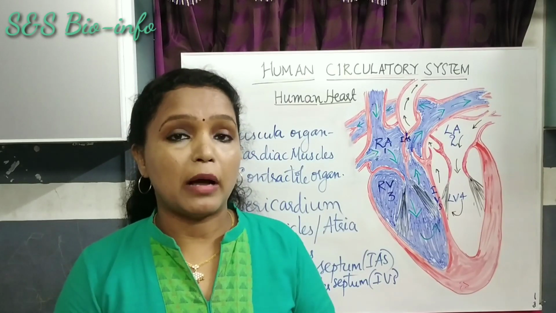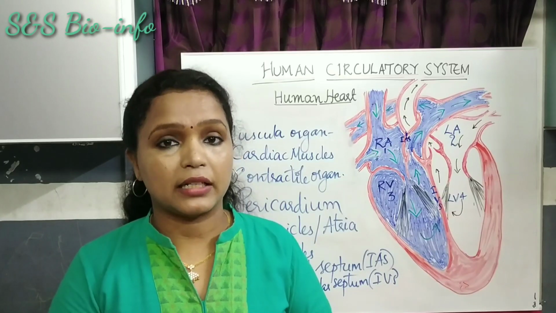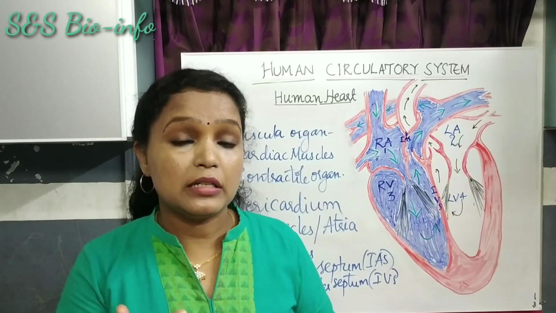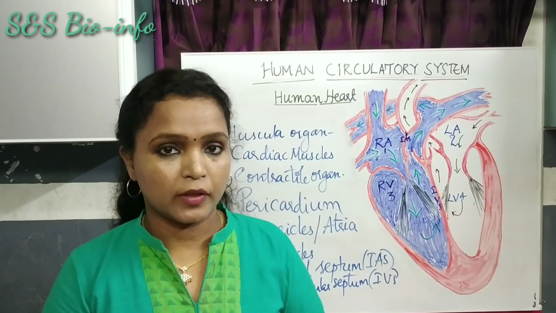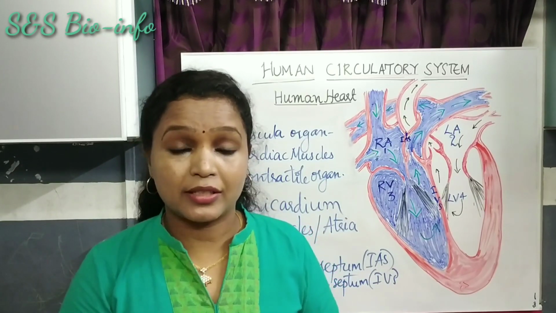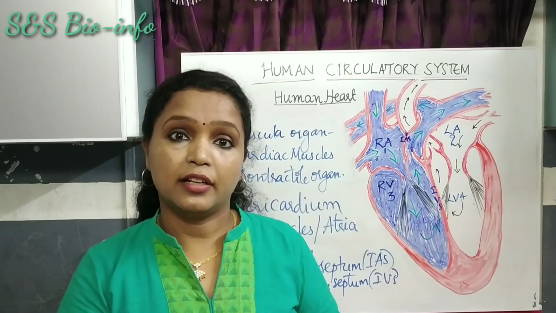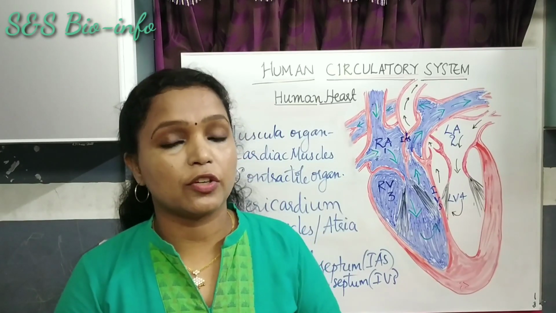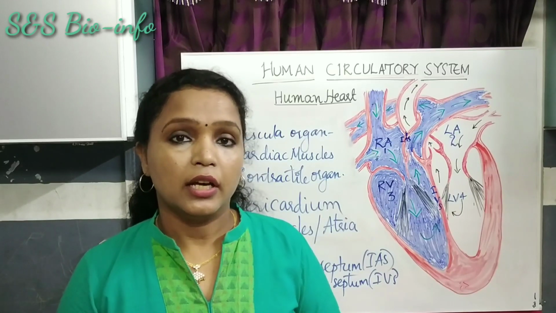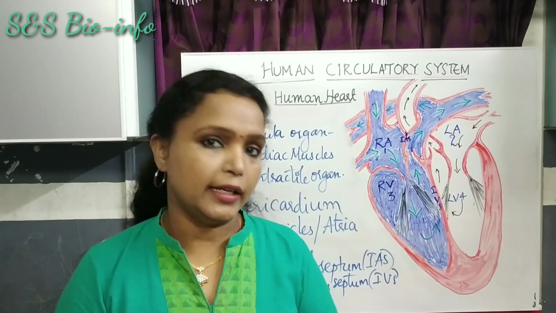Because as we are mammals, we need high energy for various activities and also to maintain body temperature, so that our blood is separated as like oxygenated and deoxygenated. So the oxygenated blood is pumped to various parts of the body through arteries. The deoxygenated blood will be collected by the heart through veins.